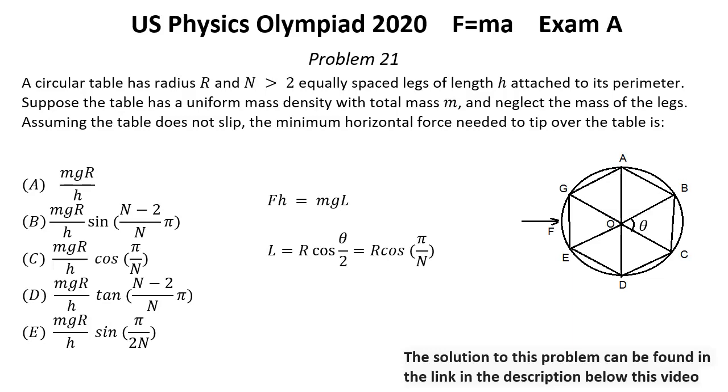Solving for F gives the answer F equals m g r over h cosine pi over n. Note that credit was given for both choices B and C, since they are equivalent. That was the solution for problem number 21.